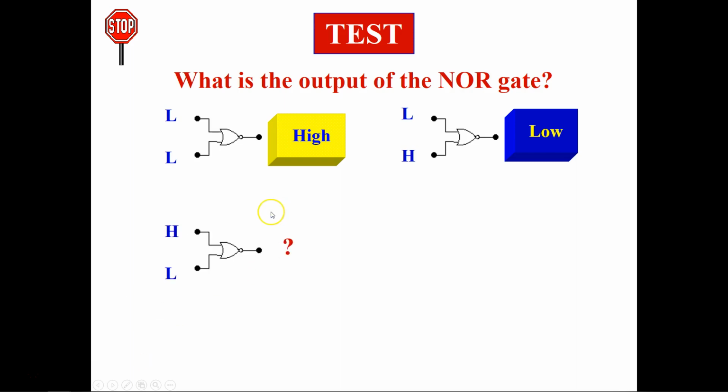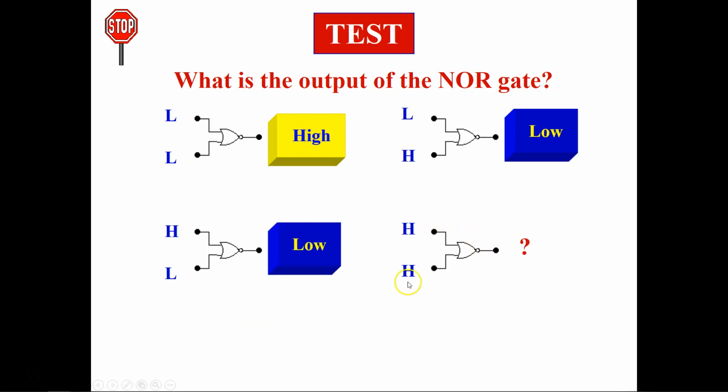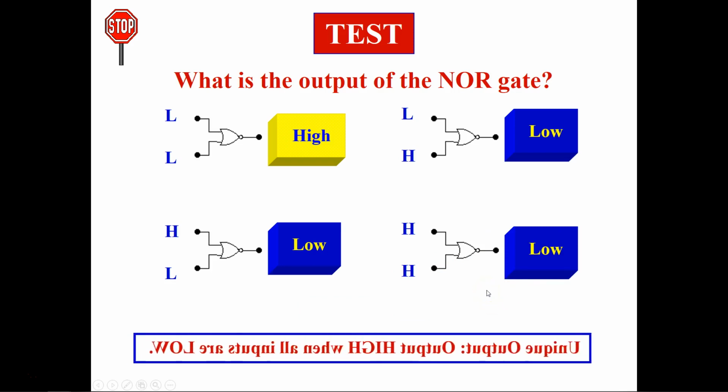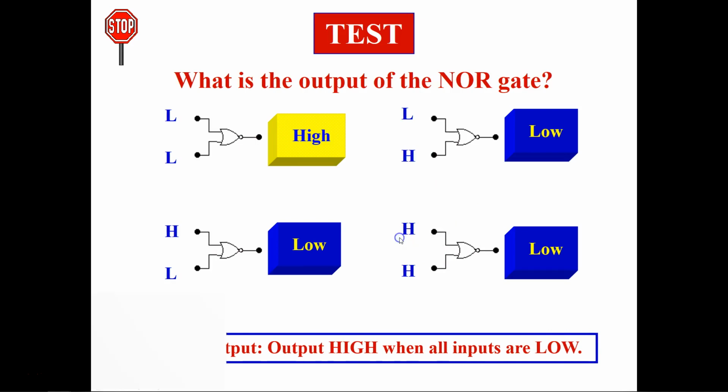And then this is going to be the same again, because this is a similar case, high 1 and 0, adding them up will produce 1, and then the complement of 1 is 0. And when both the inputs are high, then the output is going to be 1, and the complement of 1 is 0, so the output is going to be low. So the output will be high when all the inputs are low, which is true for the NOR gate.